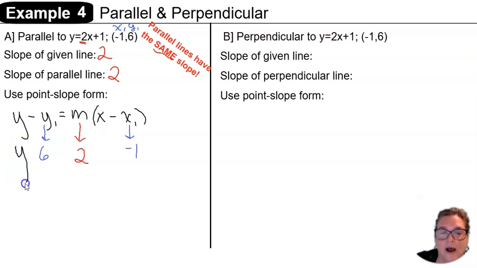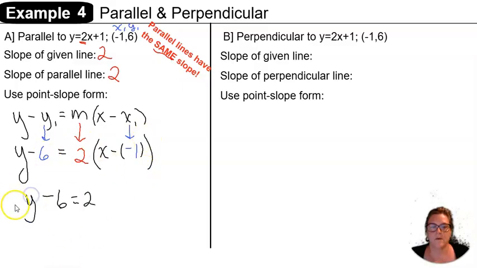So we have y minus 6 is equal to 2 times the quantity x minus a negative 1. So when we simplify, y minus 6 is equal to 2 times the quantity x plus 1.